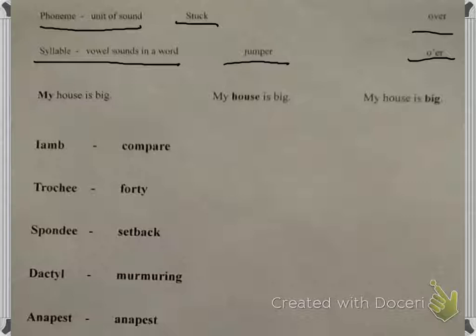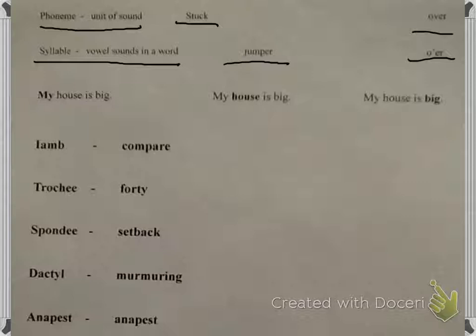I'm saying, look, my house is big, but my car may not be. The last one I have here is "my house is BIG." This is really suggesting that if you don't have a big house, maybe there's something wrong with you. But my house is big, right? So I'm stressing big. So as you can see, one-syllable words can pose a problem.